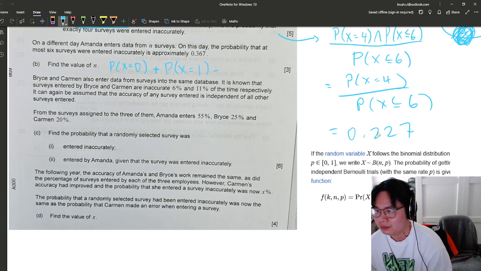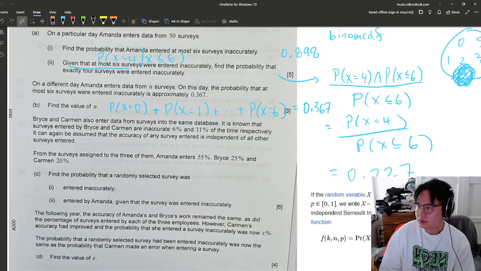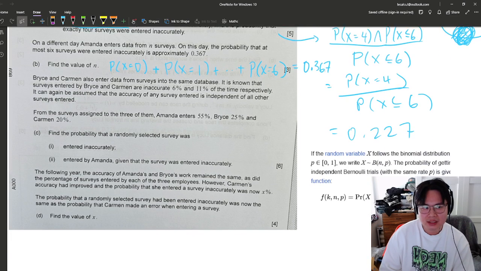P1 plus all the way to P6. This needs to be 0.0367.